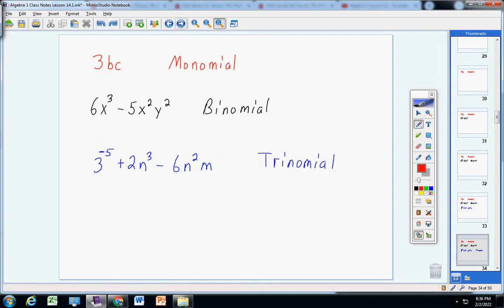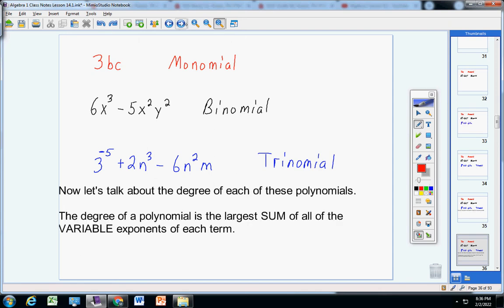Now let's talk about the degree of each of these polynomials. Please pay attention and watch. The degree of a polynomial is the largest sum. That means you're going to add all of the variable exponents of each term.